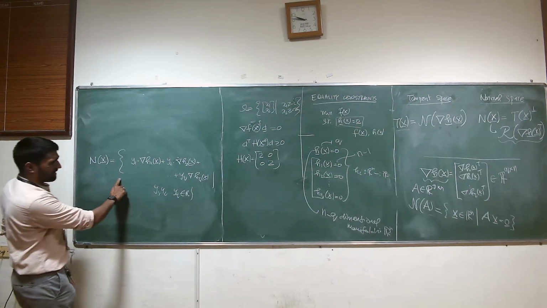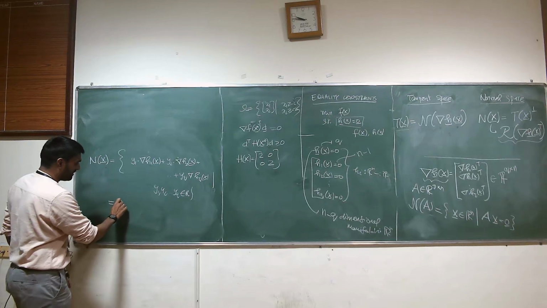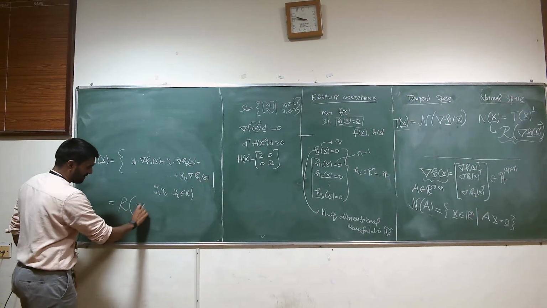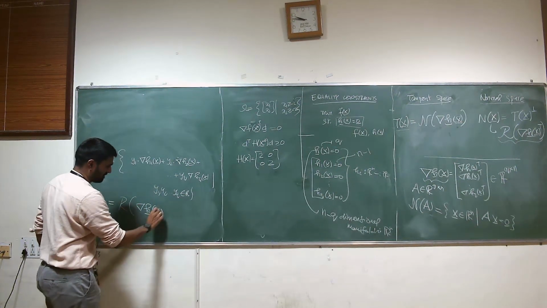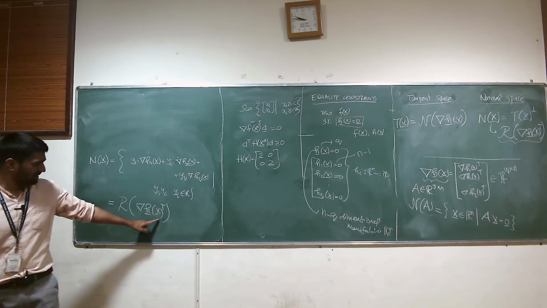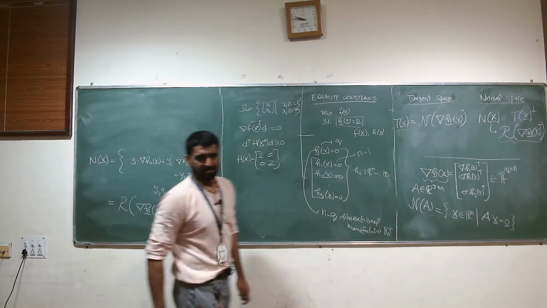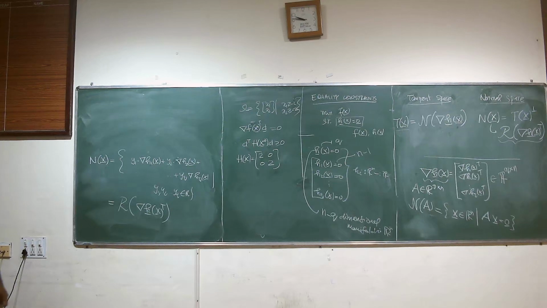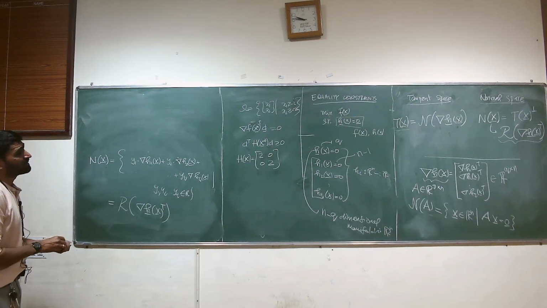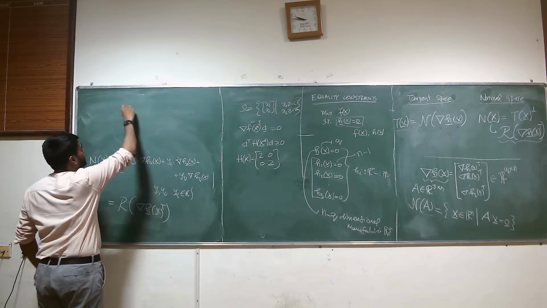A compact way of writing this: this is essentially the row space of the gradient matrix here. If we talk about this example from before, you have the sphere.